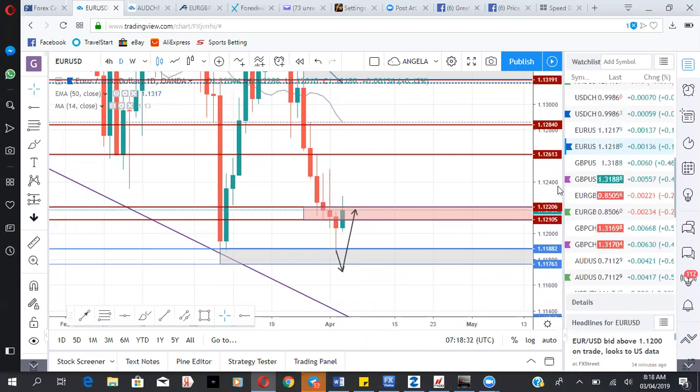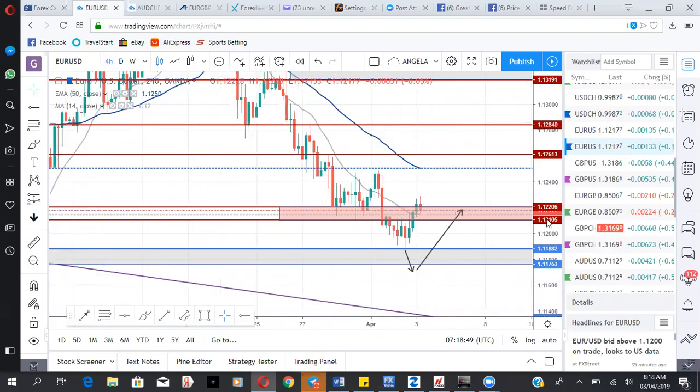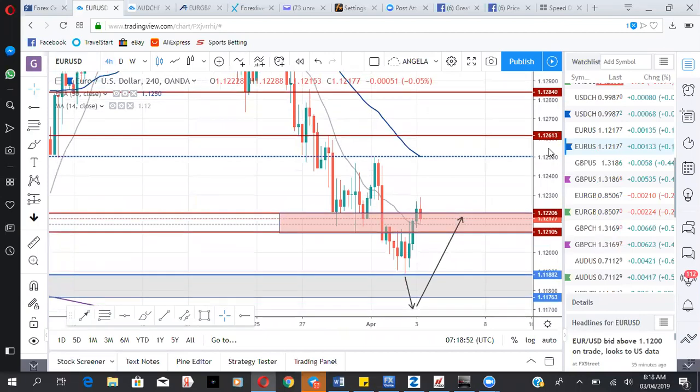So a move above that area, a close above that area. As you can see, price came in here, tapped it, and went up. Let me drop down to the 4-hour time frame. Now we already have a bit of a move.